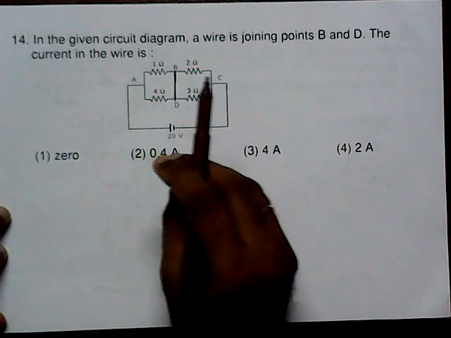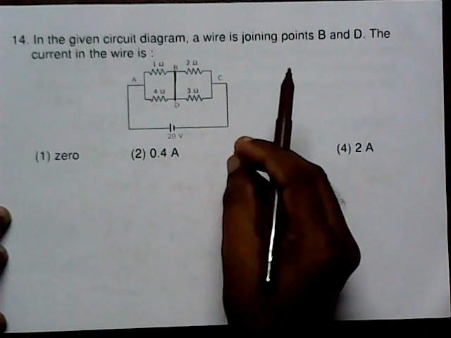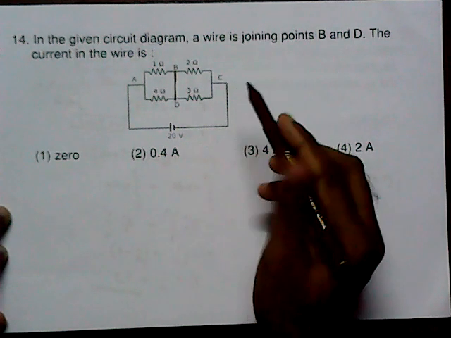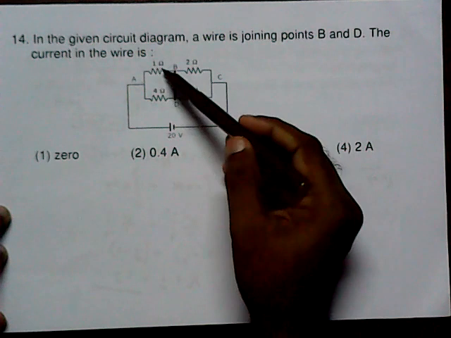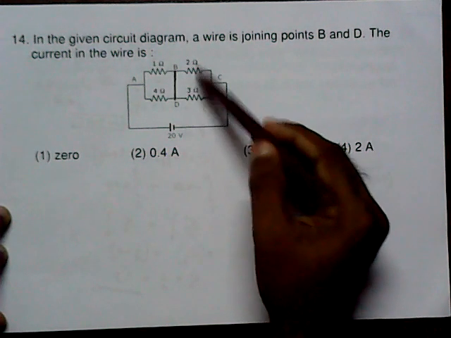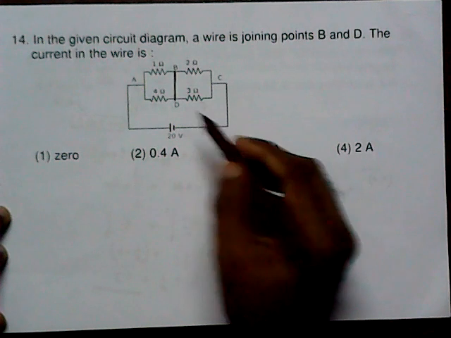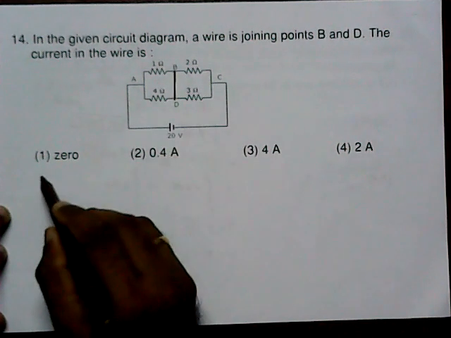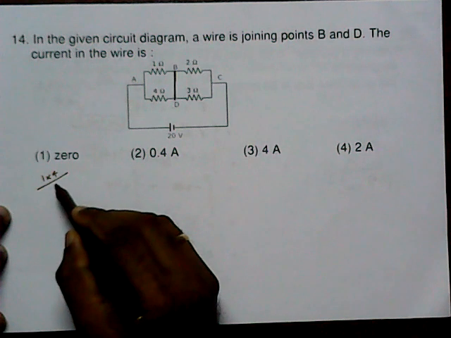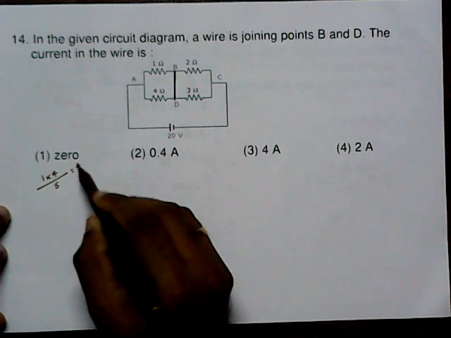If we consider it as the normal case, we can first find the effective resistance. Here 1 ohm and 4 ohm are in parallel, and 2 and 3 are in parallel. For 1 and 4 in parallel, the effective value is 1 into 4 by 4 plus 1, which is 5, so that is 4 by 5.